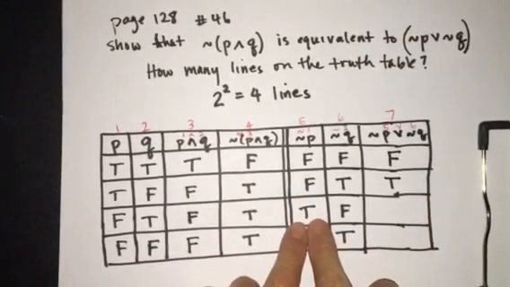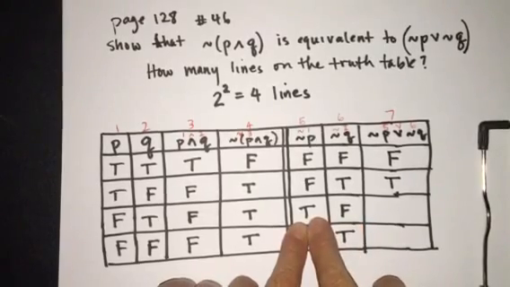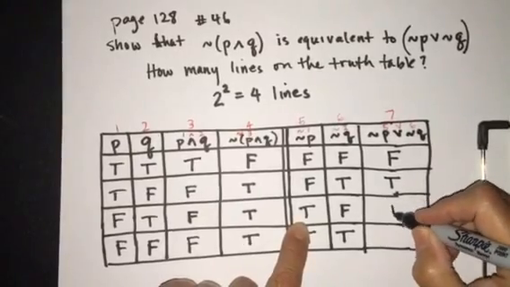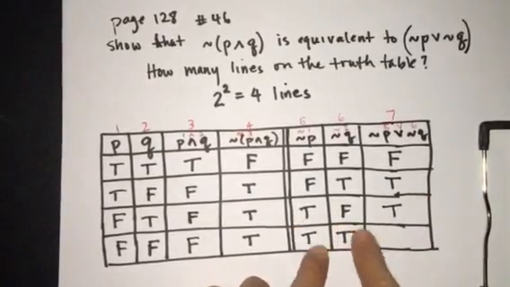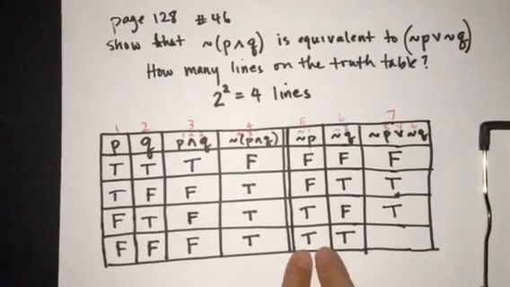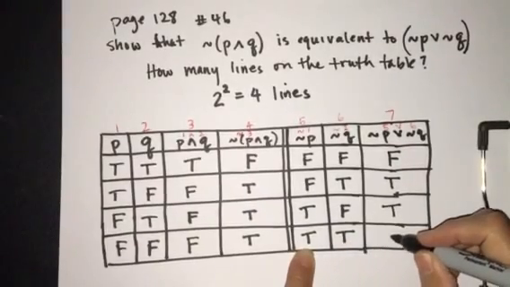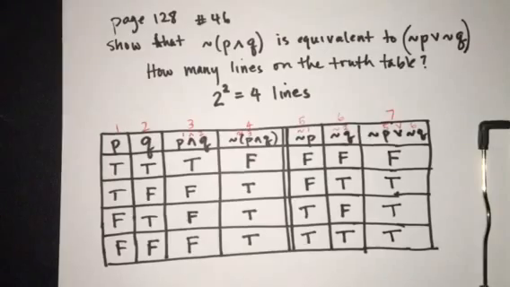On the third line, Blue Bayou is true. The movies is false. But we said or, so we can get by with doing just one of them. On the fourth line, we go to Blue Bayou is true. We go to the movies is true. Promise is not broken. That's true. So T or T is also a true statement.